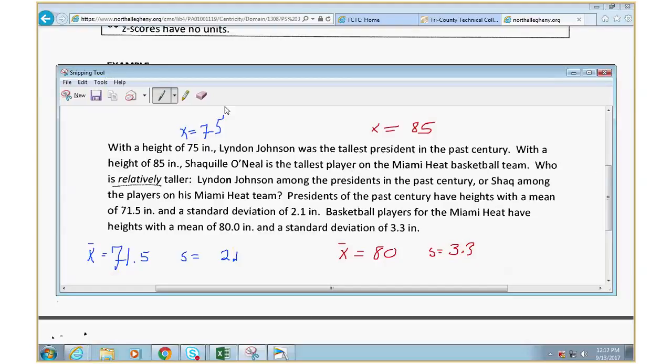All right, now calculate. What is 75 minus 71.5 divided by 2.1? Okay, write that down. 1.67. So here's my handy dandy curve. Zero's in the middle. This is your z-score curve.